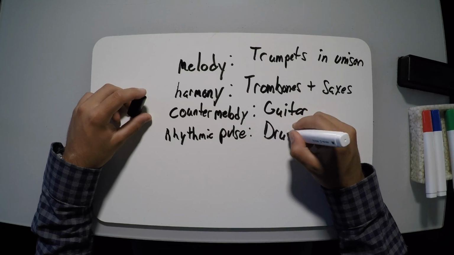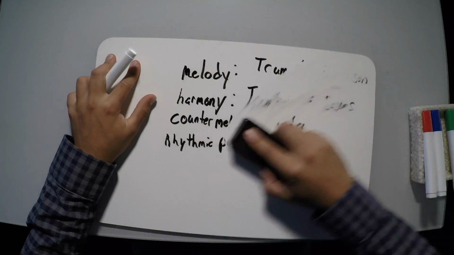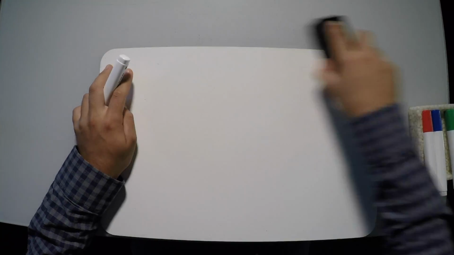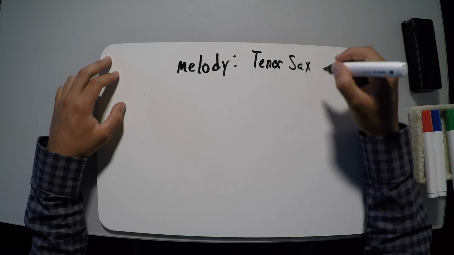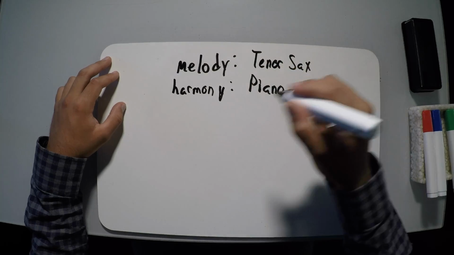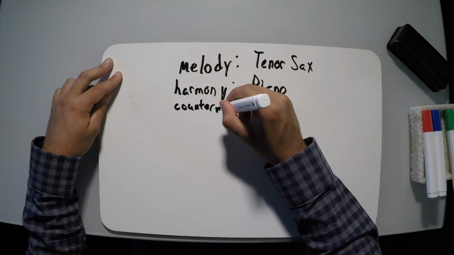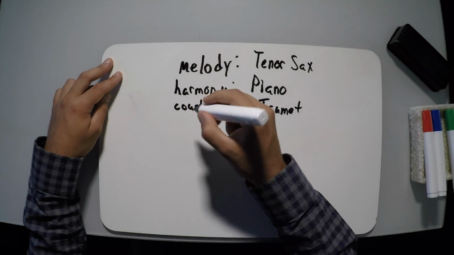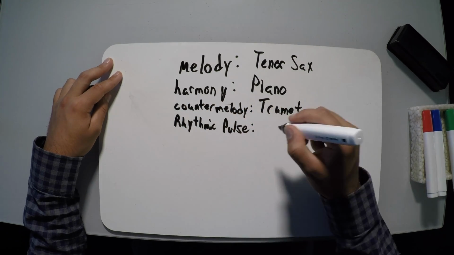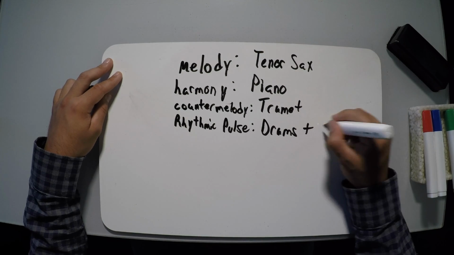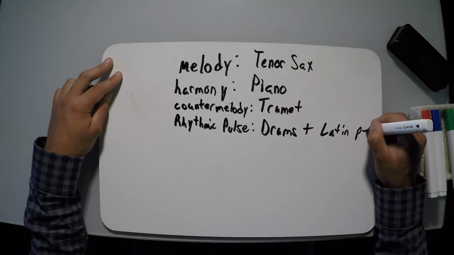And then your rhythmic pulse could be your drums. Let's think of our jazz combo. So let's say we've got a tenor sax on the melody, piano playing our harmony, say a trumpet on the counter melody, and a rhythmic pulse could be drums and Latin percussion.